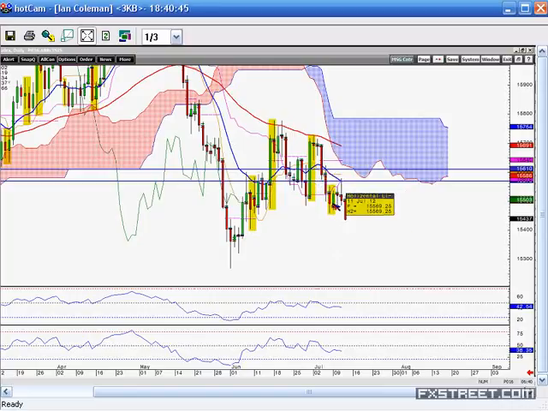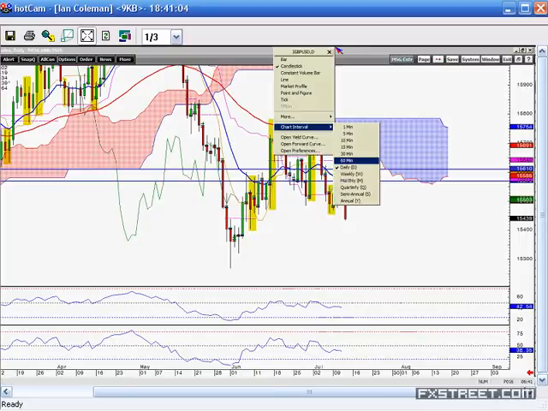Inside bar here, moves up. What does it hit? It hits our resistance level. Where are we on the RSI? We're to the downside. What is the bias? The bias is to the downside, only towards 153.77, but it's still a move lower.